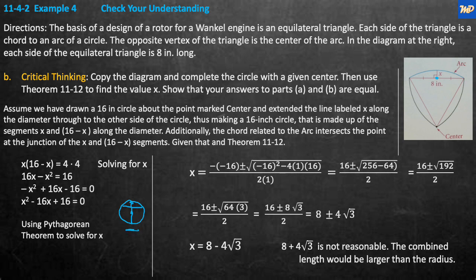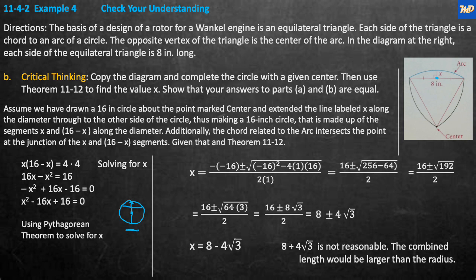Through the other side of the circle, thus making a 16-inch circle that is made up of segments x and 16 minus x along the diameter. Okay, so we've got this long line that we drew in there.